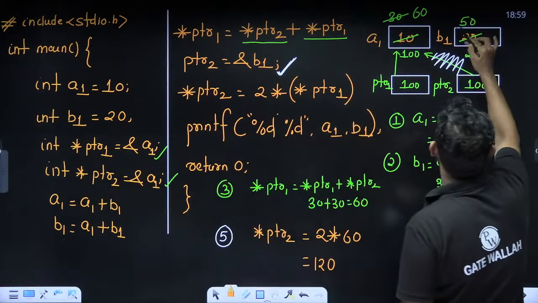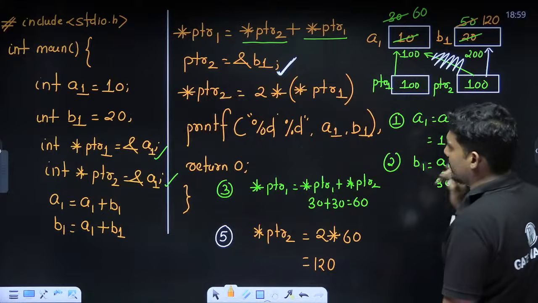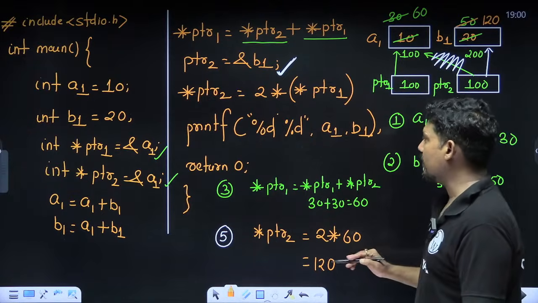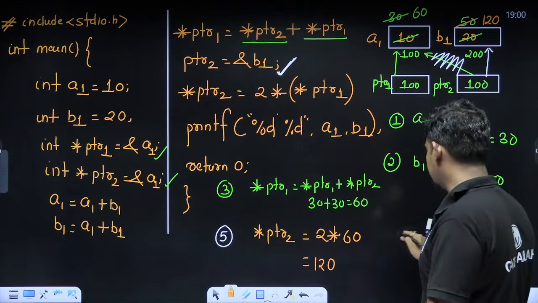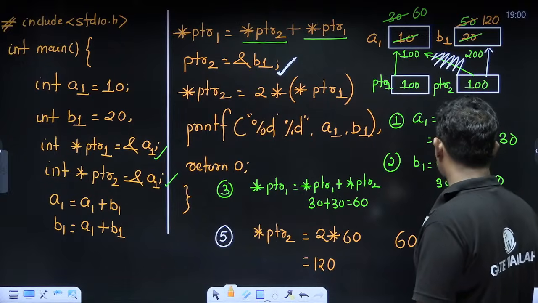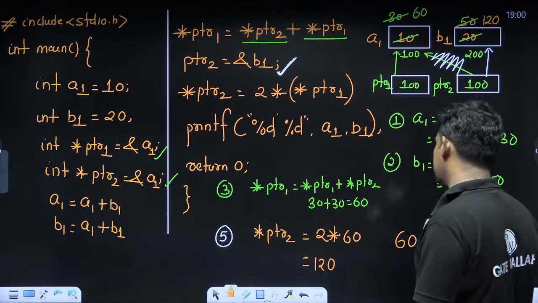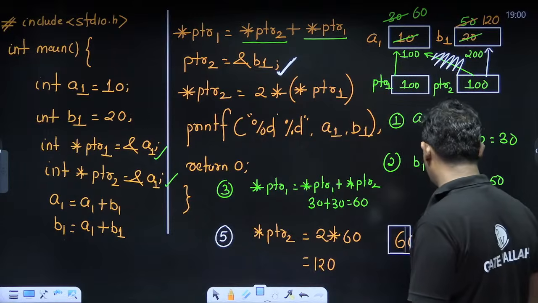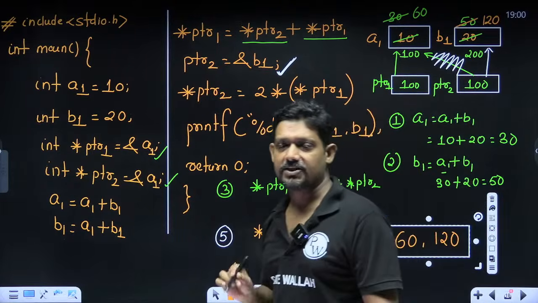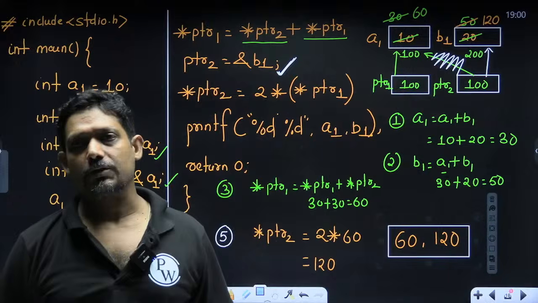So this 50 changes the value to 120. You come out and say A1 and B1: A1 is 60, B1 is 120. That is the pointer for you. 60 and 120 is the correct answer for this one.